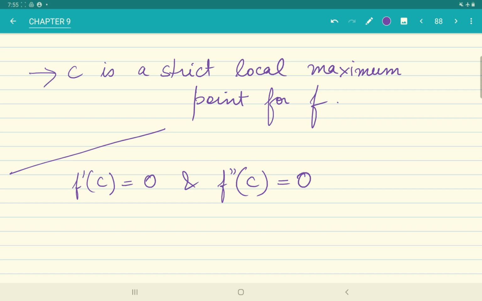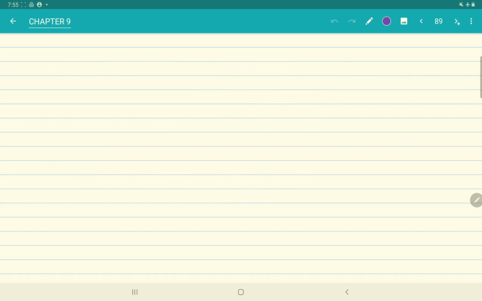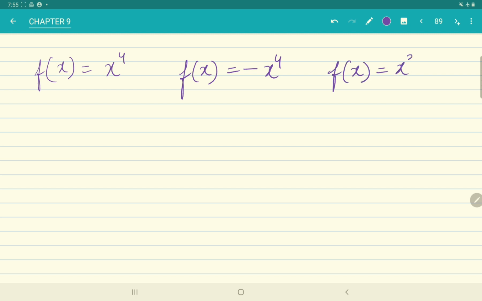So let me just take up three functions. First, f of x is equal to x raised to the power 4. Second, f of x is equal to minus x raised to the power 4. Then I have f of x equal to x cubed.